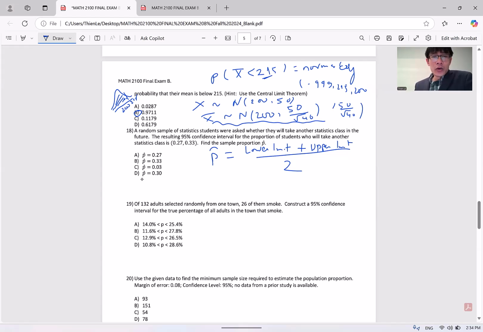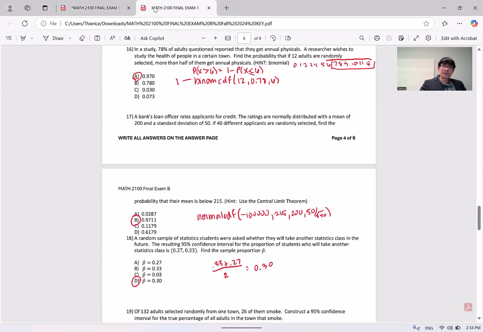The lower limit here is 0.27 and the upper limit is 0.33, divided by 2. So you should get, I believe, 0.3. 0.3 should be correct because these two add up to 0.6. Let's check.